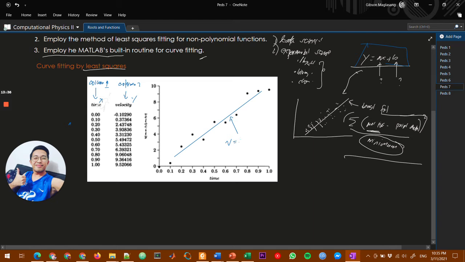Let's say your slope is a, but generally it is the same as mx plus b. This is your y-intercept, and this is your slope. This is familiar, right?